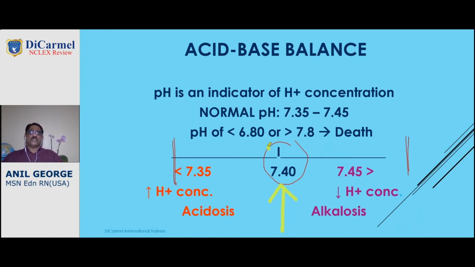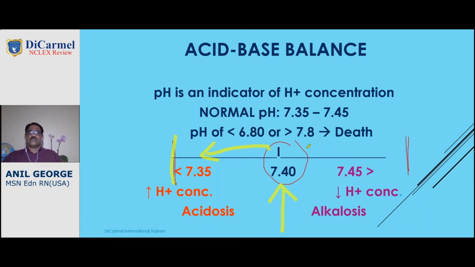So when it goes lower, 7.38, 7.37, and so on, going toward 7.35, it is leaning towards the acidic side. Even though it is within normal, until it crosses 7.35, it is still on the acidotic side. We're going to see the significance as we move forward.